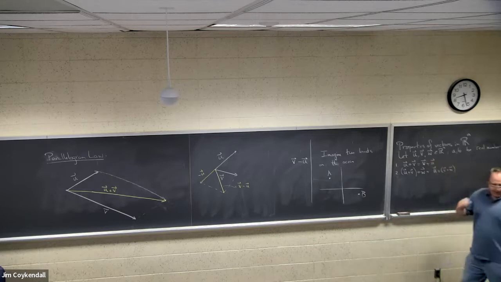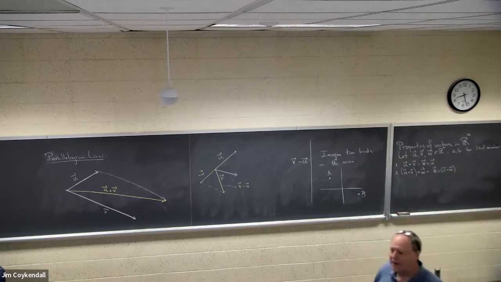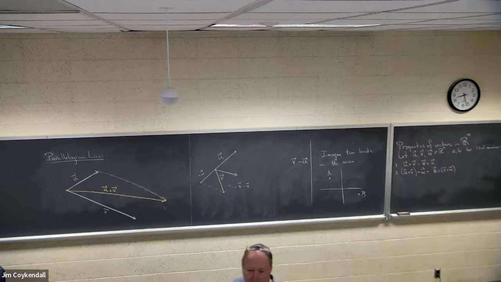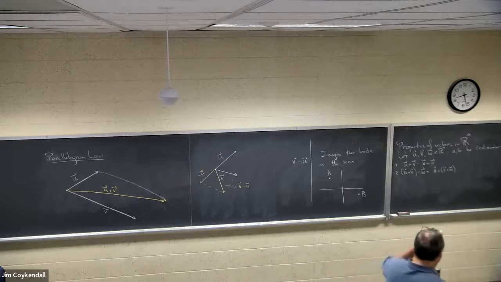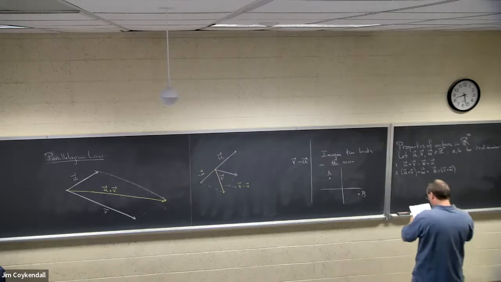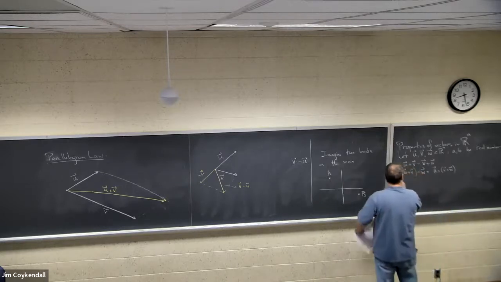If you had to add 3 vectors up, 3 in a row, say, you can add u and v first and then stick on w, or you can add u to v plus w, it doesn't matter. No surprises here, I don't think.